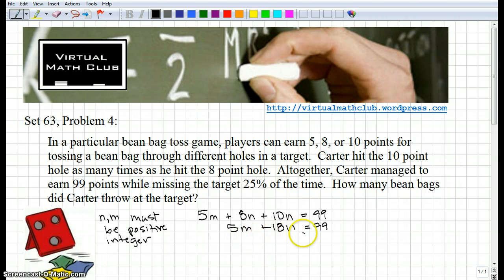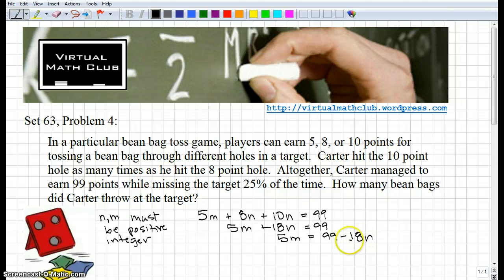So what I'm going to do is rearrange this equation. I am going to write 5m is equal to 99 minus 18n. All I did was subtract 18n from both sides. And then I know that because this has to be a positive integer, the right-hand side has to be divisible by 5.